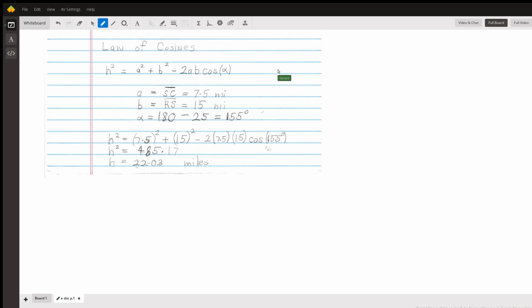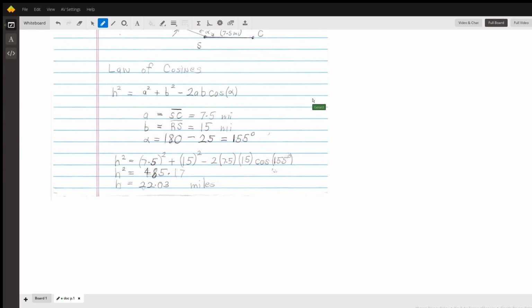You'll get a vastly different answer for h. So it's important that you use the 155 degrees, not the 25. And again, we got the 155 by subtracting the 25 from 180 degrees.